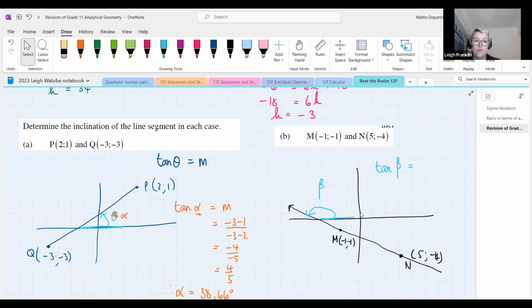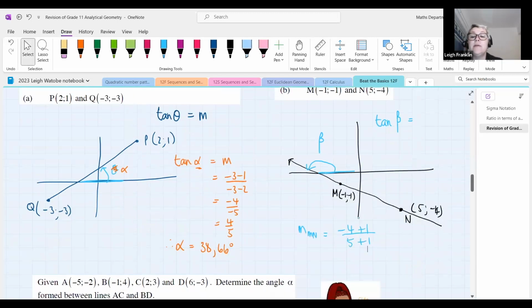A lot of matrics write, and I'll show you what they do that's wrong, and you end up being penalized for it. Okay, so let's first of all work out the gradient of line MN. So the gradient of line MN in this case is going to be change in Y over change in X. So the gradient is -3 over 6.